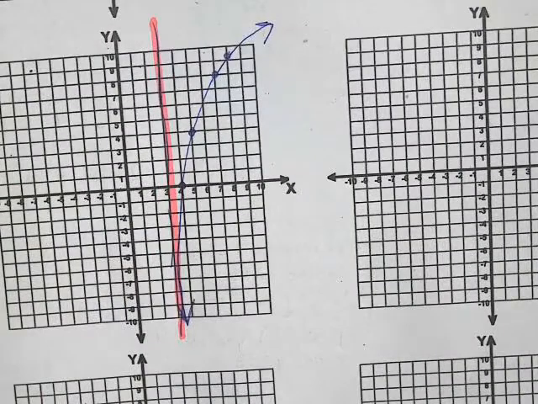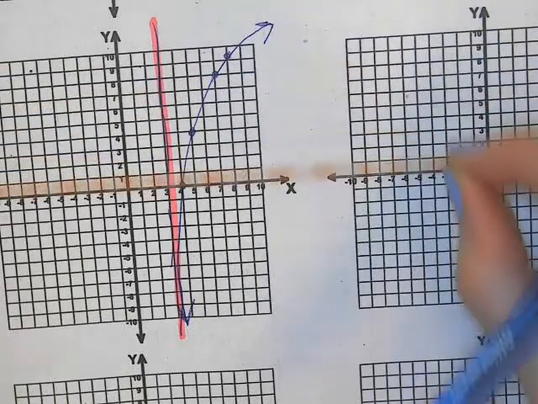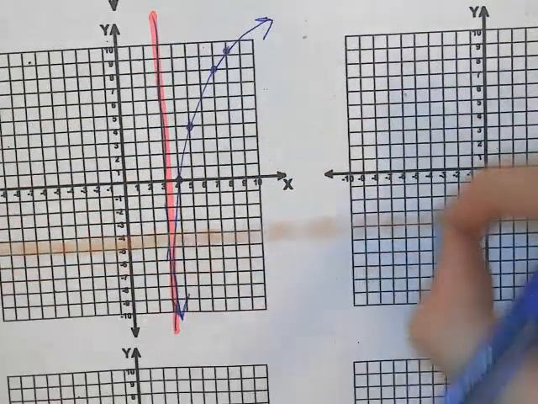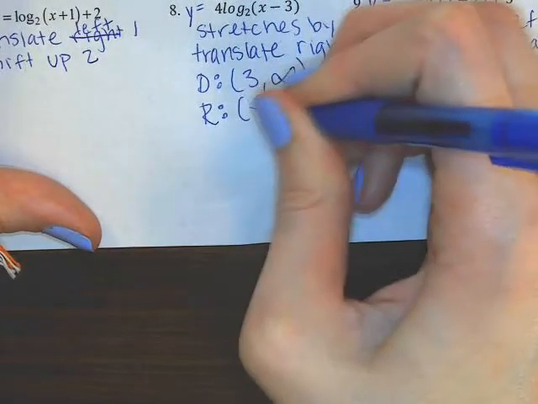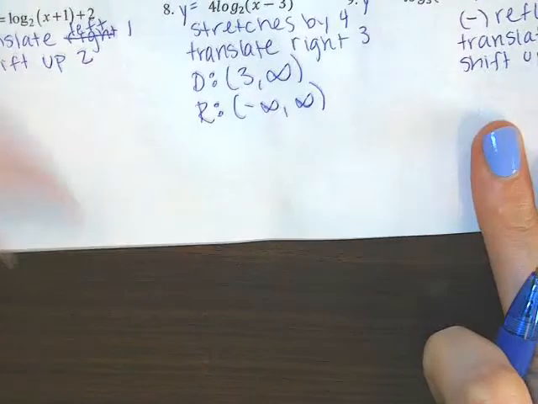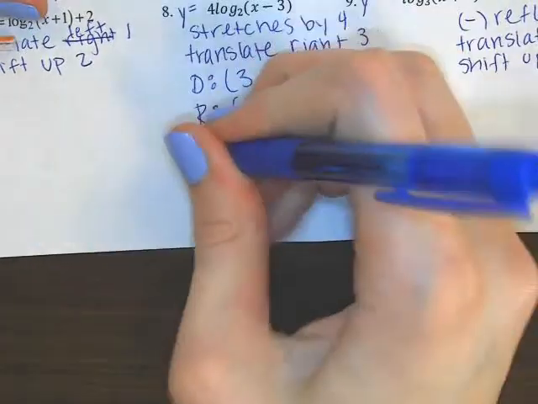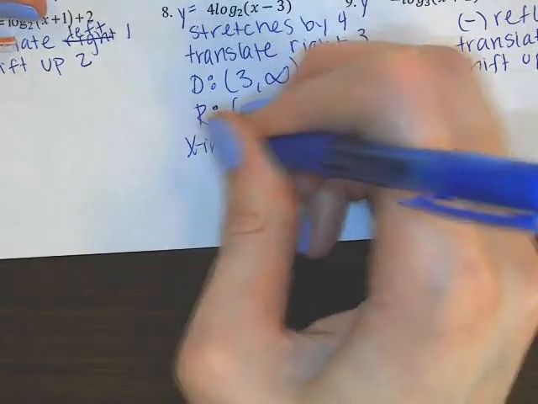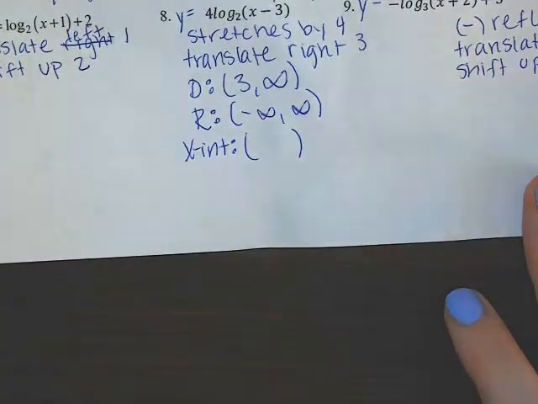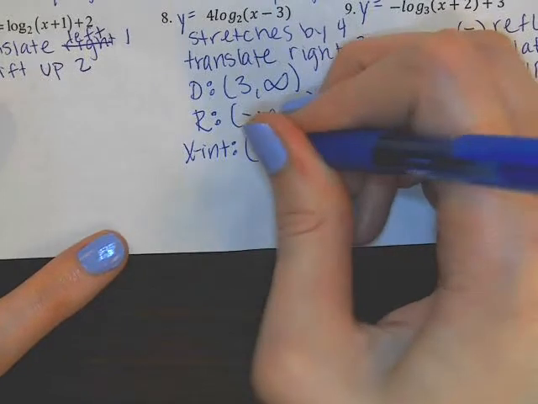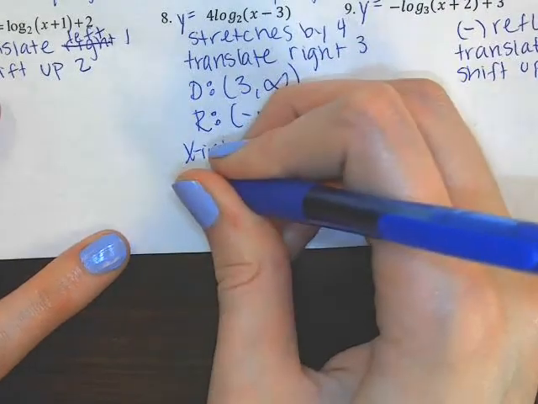Okay, now let's do range. How far down will the y's go? Okay, how far up? Positive infinity. Okay, x-intercept, y-intercept. Yep, it was at 4, 0. And y-intercept?